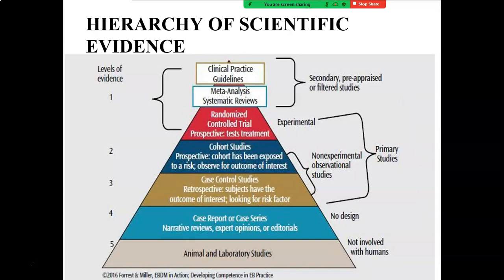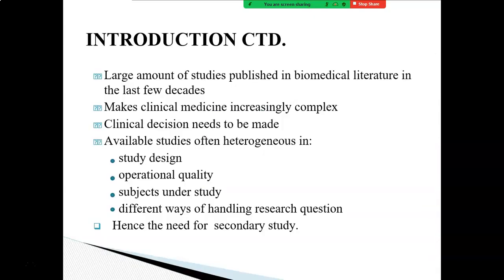All these ones are still primary studies, like our randomized control trials, cohort studies, case control studies. They are all primary studies. But at the top, at the second to the last top of the pyramid, we have systematic reviews followed by meta-analysis, and the last is the clinical practice guidelines, which ordinarily we depend on the result of meta-analysis.